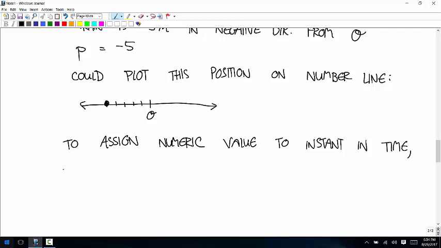Okay. So you need to choose, and again, this is arbitrary, an instant corresponding to 0 time.